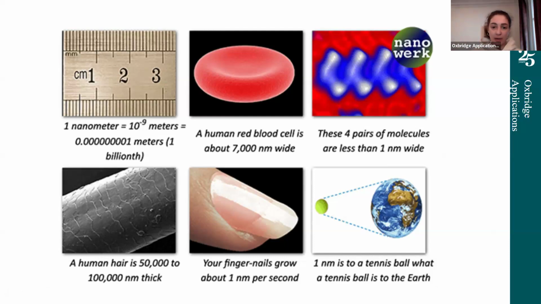A nanometer is 10 to the minus 9, or a billionth of a meter. The human red blood cell is about 7,000 nanometers wide. Fingernails grow at about 1 nanometer per second. And a really interesting one: a tennis ball compared to the size of the Earth is the same scaling as a nanometer compared to a tennis ball. Quite an incredible scaling there.